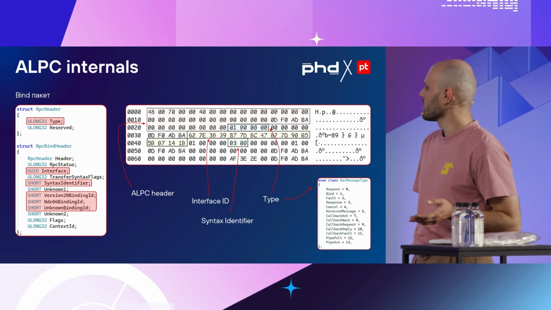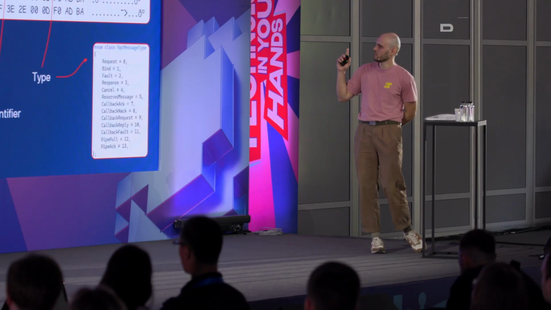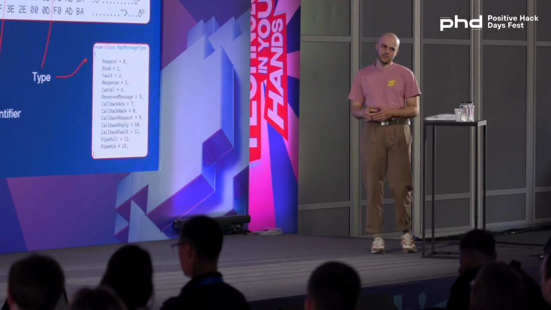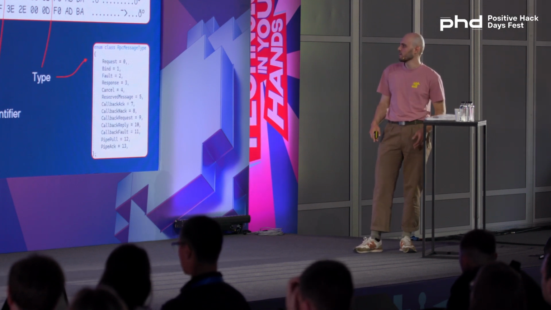In the bind package, we're interested in 3 fields only, even 2 fields. It's the interface ID, the ID of the interface that the client gets connected to, and the identifier syntax. Identifier syntax is a field which the client sends, and it indicates which protocols are supported, the ones that are compatible.